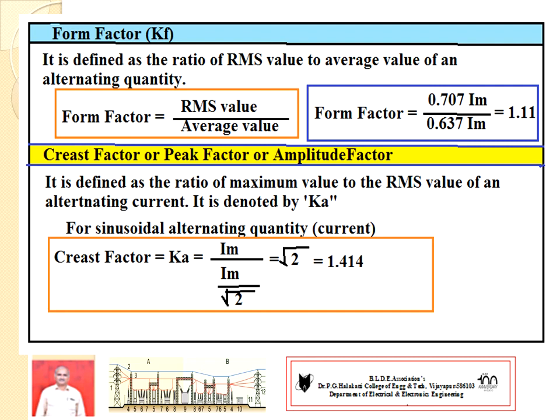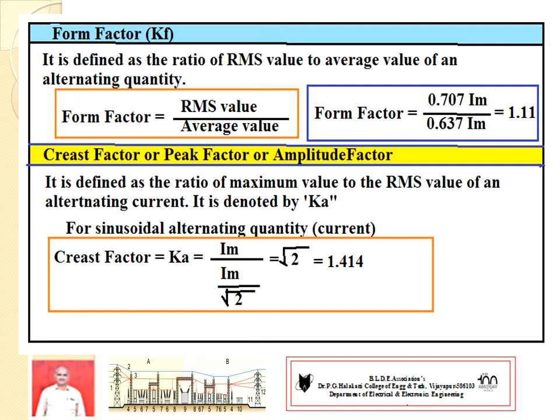Keep in mind, if you know the average value, then it is possible to calculate RMS value for sinusoidal AC current. Form factor is 1.11. It is very easy to remember.